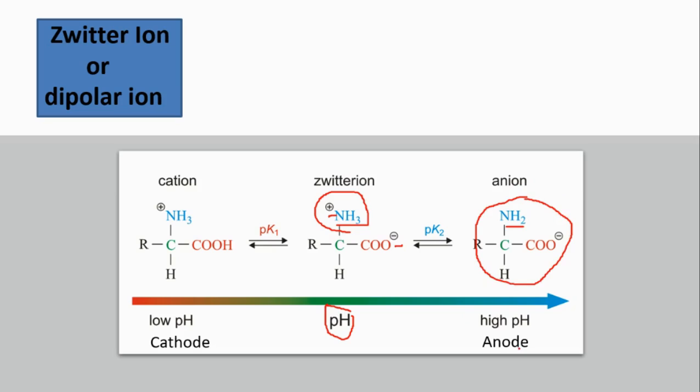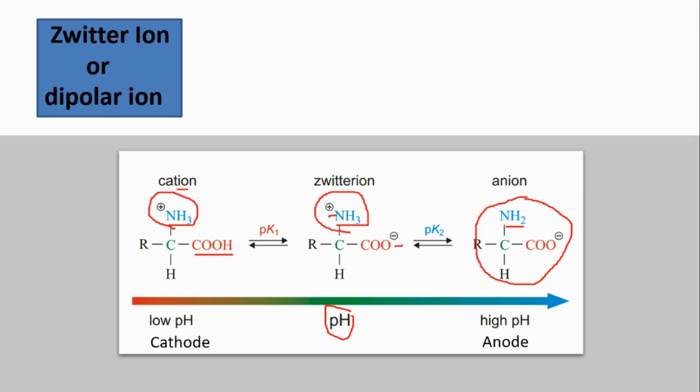So at high pH, the Zwitter ion gets converted into an anion and migrates towards the anode, while at low pH, that means in acidic solution, the Zwitter ion accepts the proton from acids and gets converted into COOH, while the positive charge is present as it is on NH3.